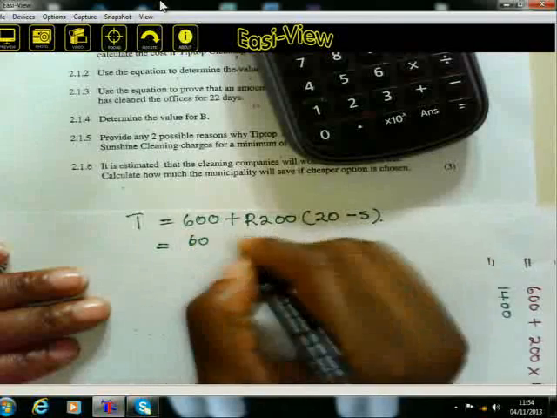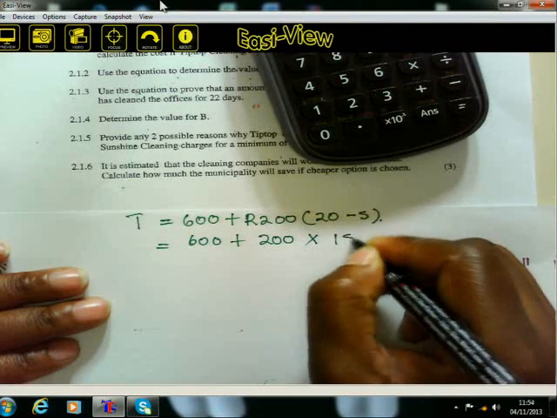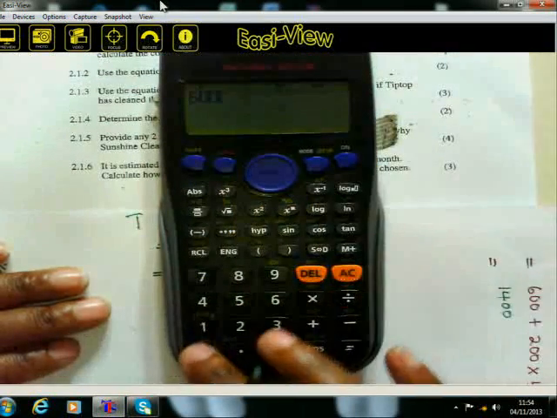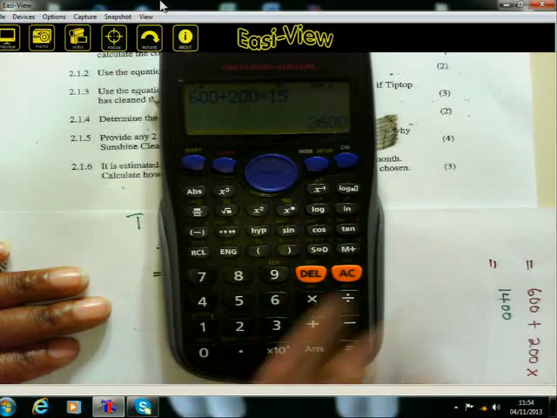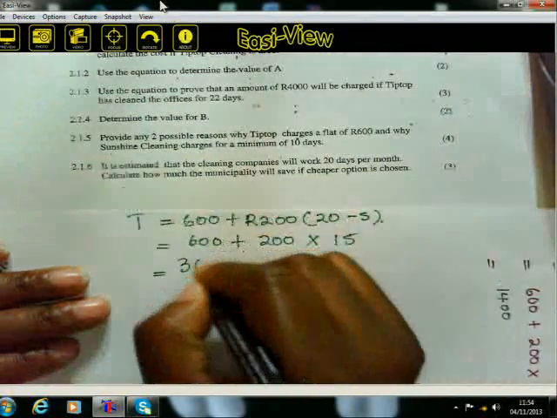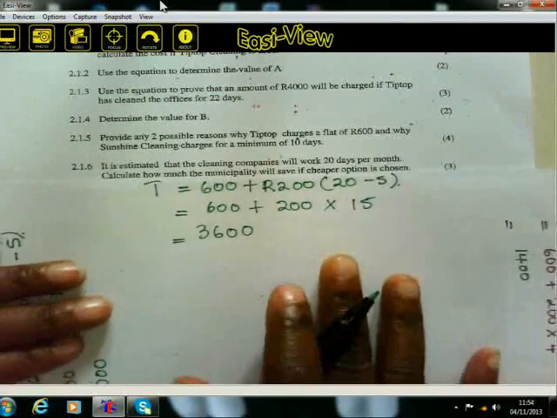So it's 600 plus 200 multiplied by 15, because 5 days are for free. 600 plus 200 multiplied by 15, 3,600. They will charge 3,600 for 20 days.